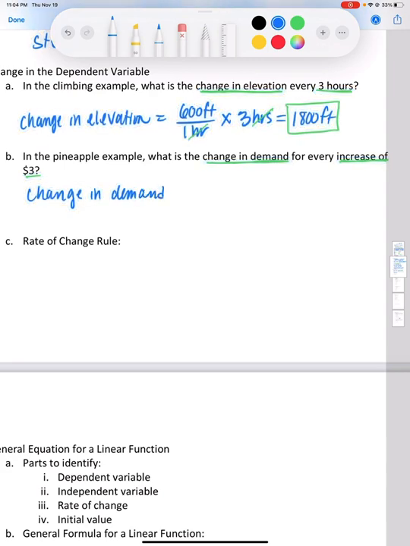So our change in demand is equal to minus 10 pineapples for every dollar increase, times $3 increase.